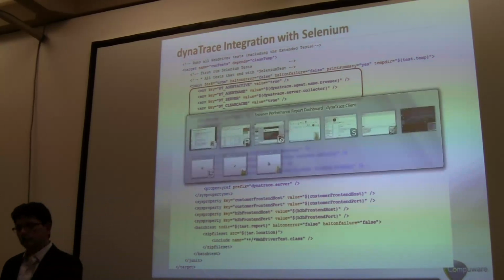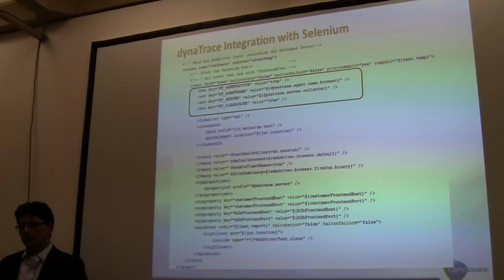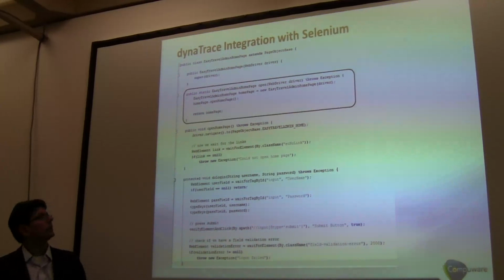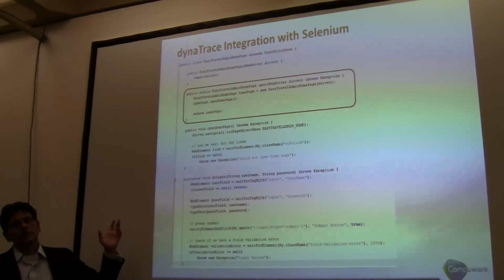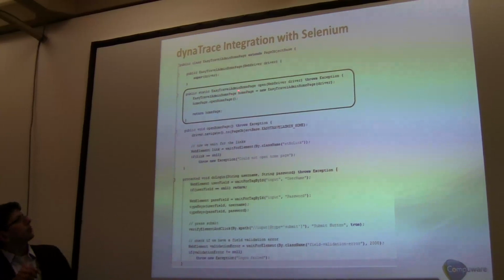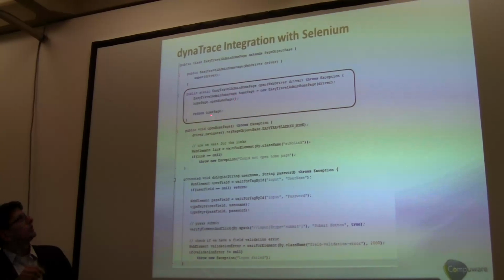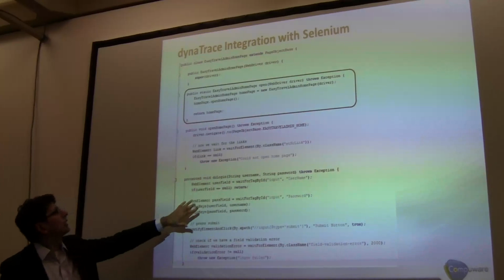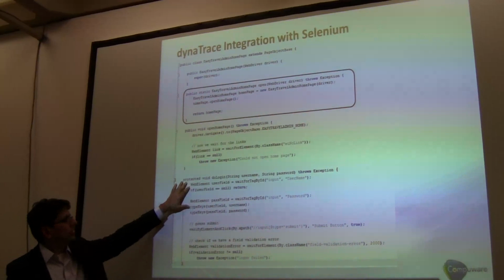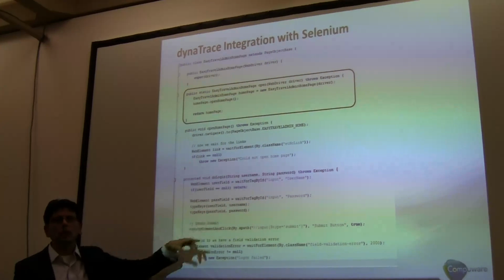So when I'm showing you this part, this is my example of Selenium test code where I'm saying check for home page, admin home page. It opens a home page, and here I'm doing a logout, I'm doing login here, I'm passing the username and password.